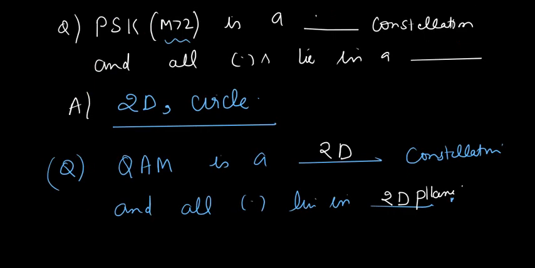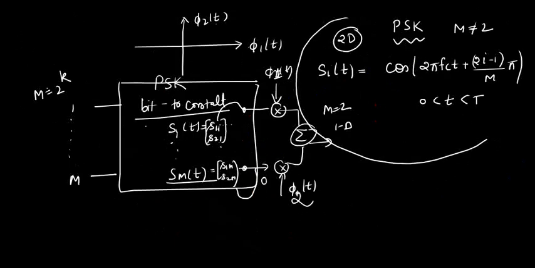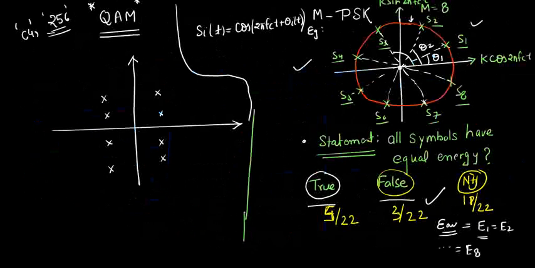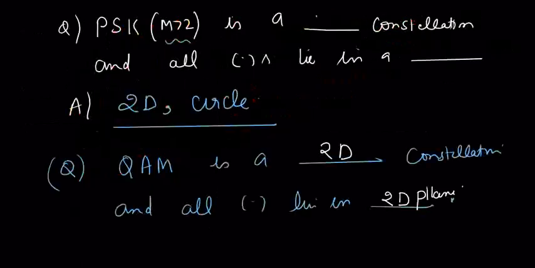Is everything clear now, the whole history? Yes or no? Yes. So, QAM is a very generalized scheme which contains both ASK and PSK in it.